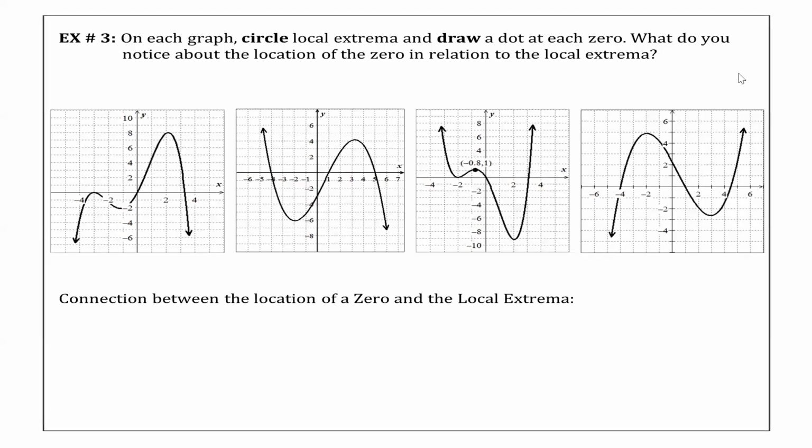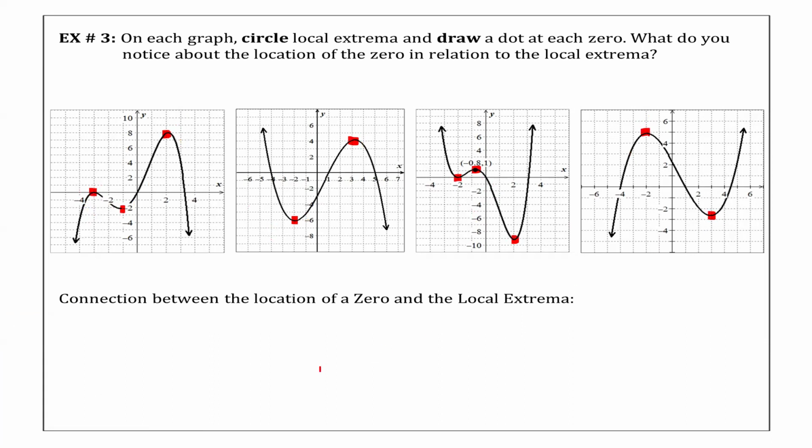All right. So, when you went through and you circled all your extrema, I'm gonna highlight just because me and circles aren't friends. Okay. So we have a max, a min, a max, a min, a max, a min, a max, and a min.